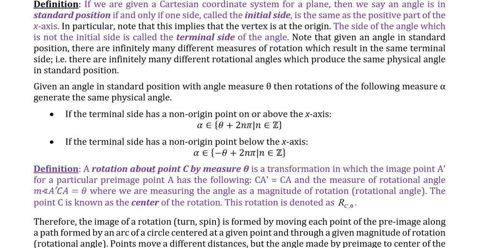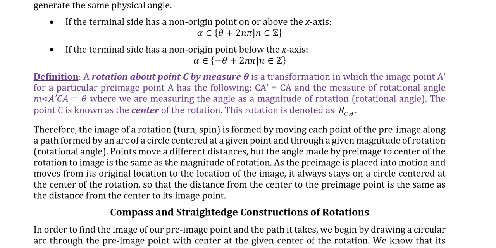If the terminal side is below the x-axis, then you rotate in the other direction. The angle measure would be negative theta, and add multiples of 2n pi to that, and all of those rotations will end up at the same place. So those are called coterminal sides.